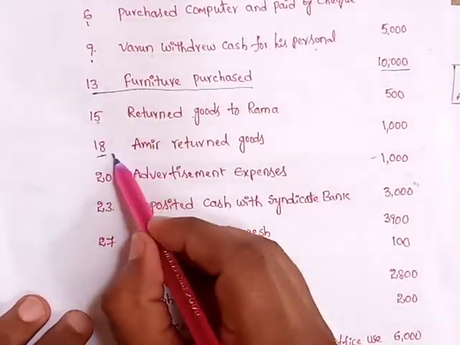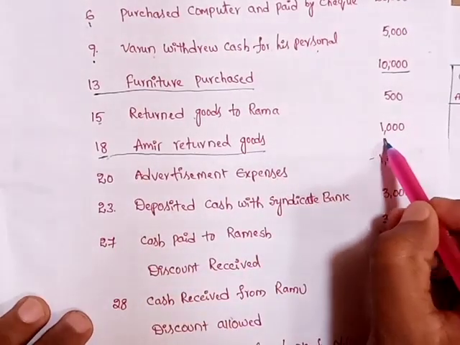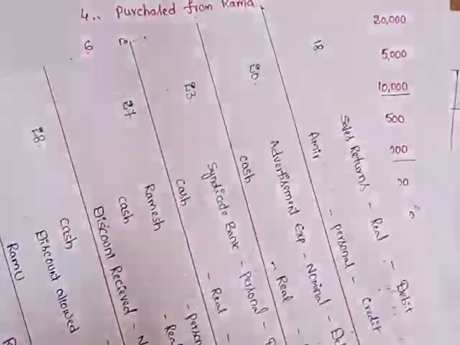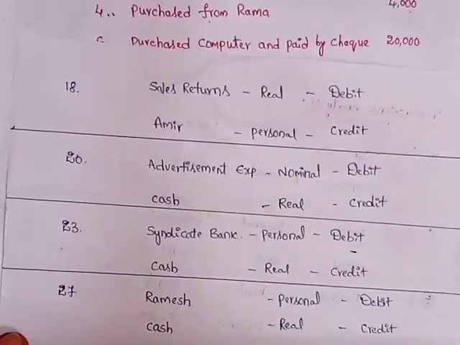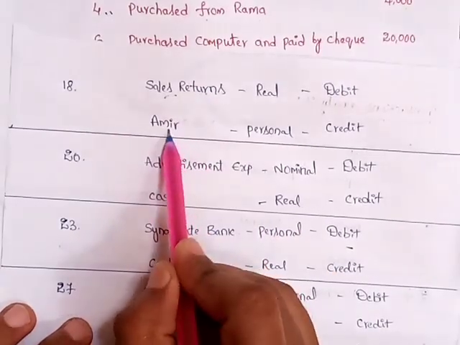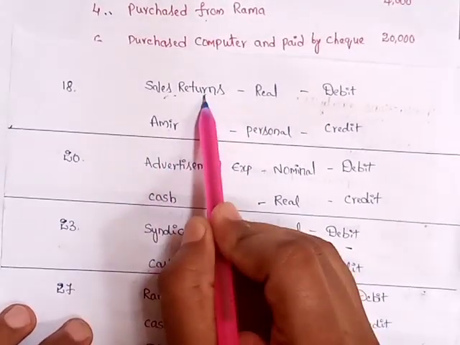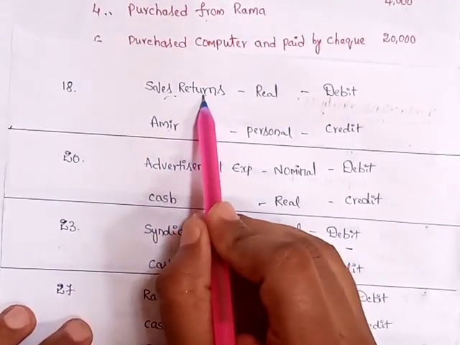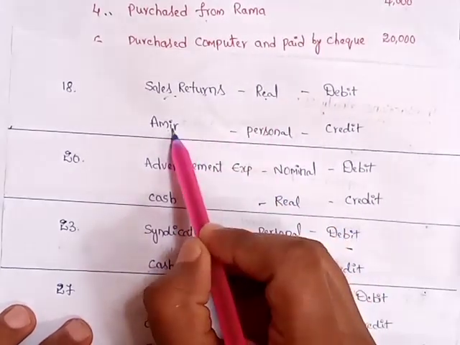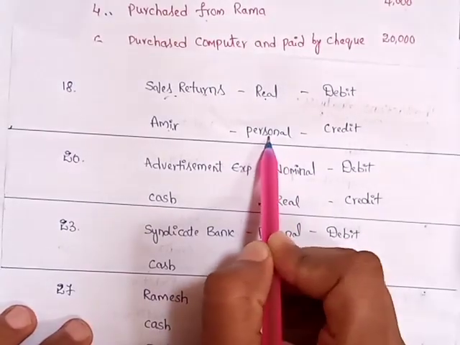18th, Amir returned goods 1000. So in this transaction, two aspects are involved. One is sales returns, second one is Amir. So sales returns, goods are assets, that's why it's a real account, and Amir is a person, so personal account.